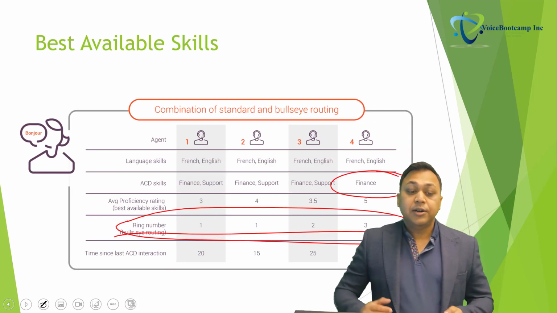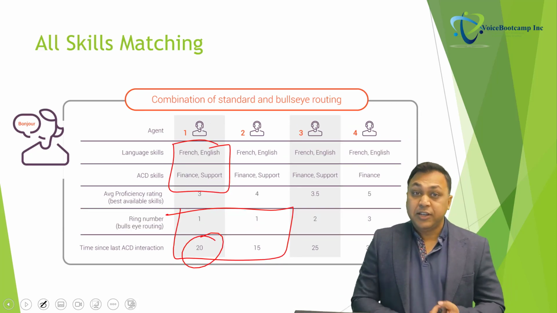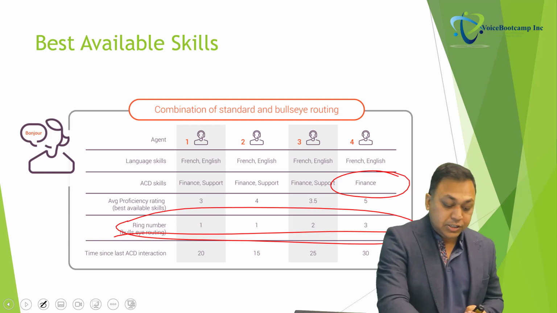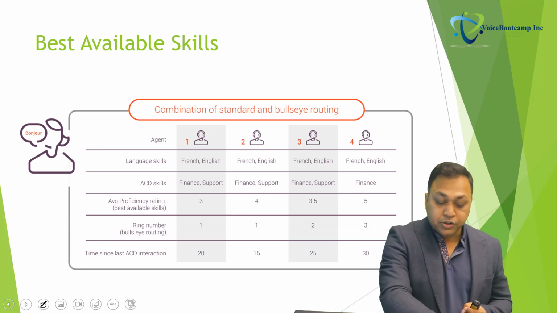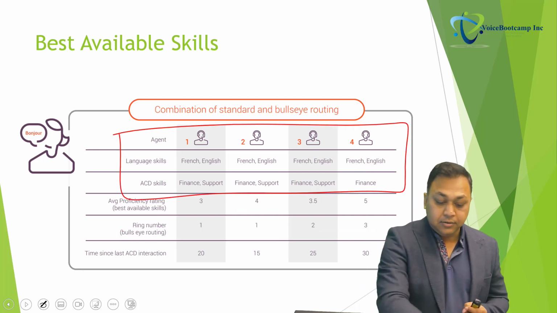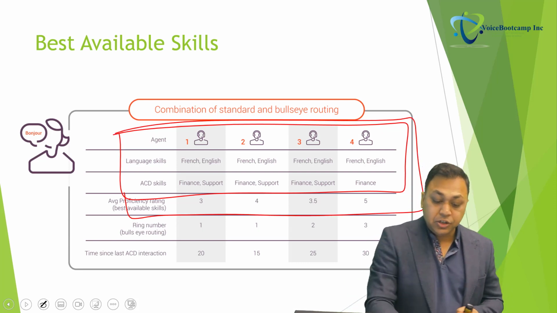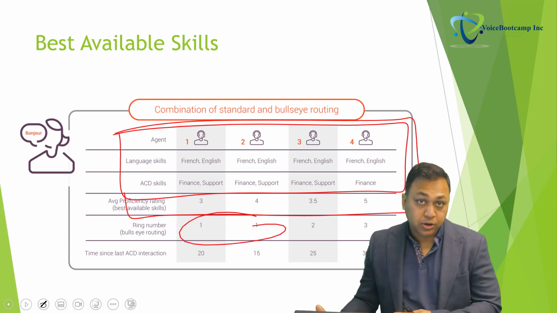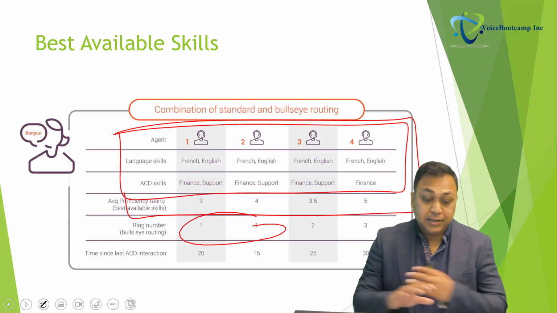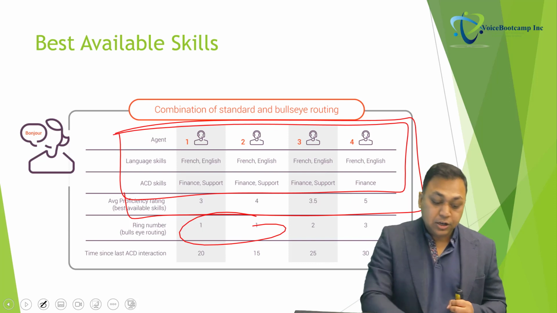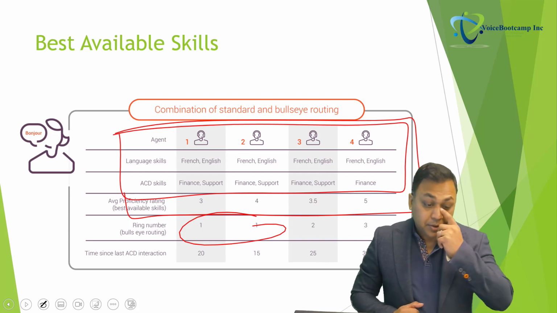So when you're dealing with all skills matching, or best available skills matching, you're going to focus on all these plus your ring number if you're doing the bullseye. If you're not doing the bullseye, then you don't care about the ring number. You're going to use all of them, including the idle time.